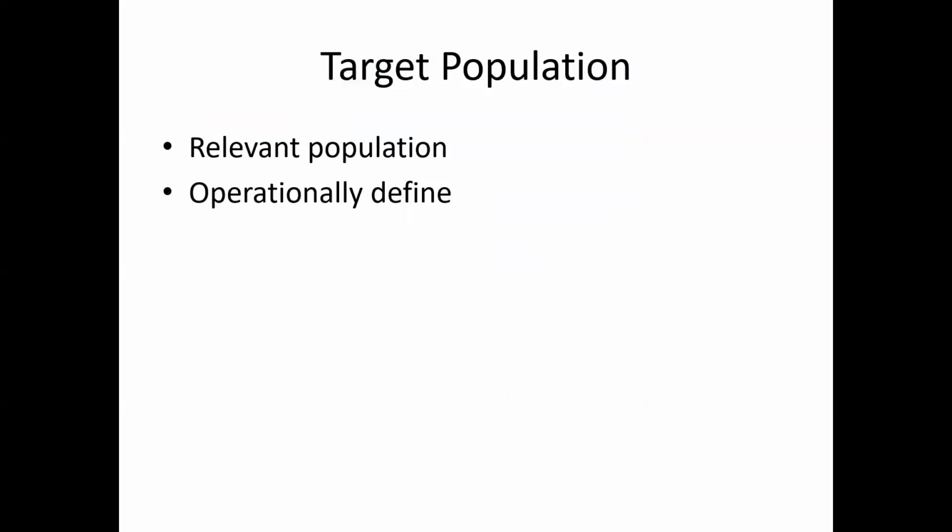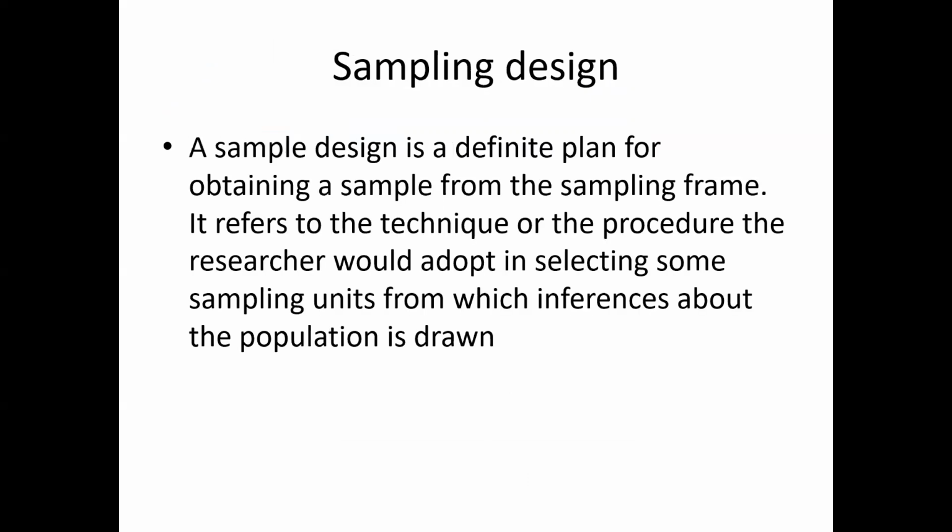Now these are some terms which I've already told you: target population, relevant and operationally defined. Yes, you have to define the population. Now the selection stages are over. The term is sampling design. If we are saying design, that means we are making a definite plan for selecting individual units from the population into that specific sample.